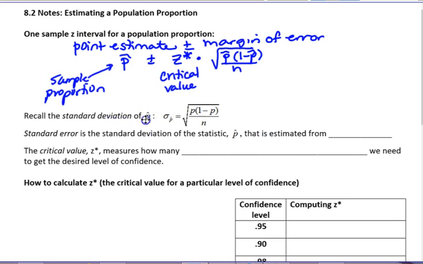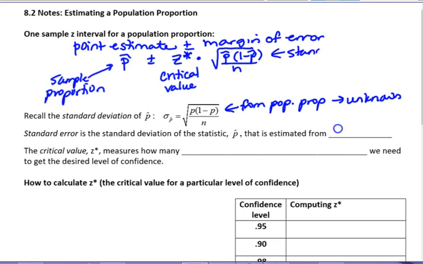Recall the standard deviation of p hat, in other words, how much the p hats vary from each other within a sampling distribution, is based on the population proportion, which is unknown. So I call this the standard error of p hat.